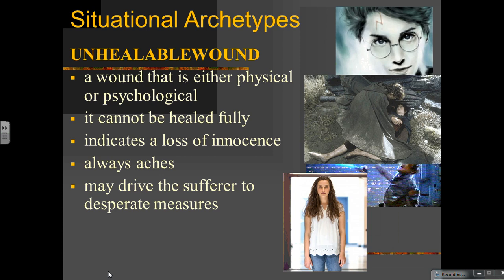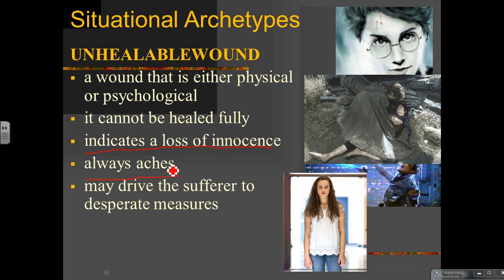The next thing you have is the unhealable wound. It's a wound that's either physical or psychological. It can never be healed fully, and it indicates a loss of innocence, and it always aches, and it typically drives the sufferer to desperate measures.